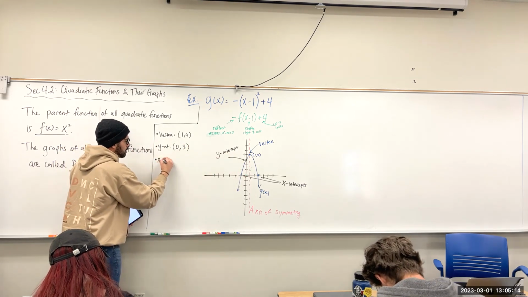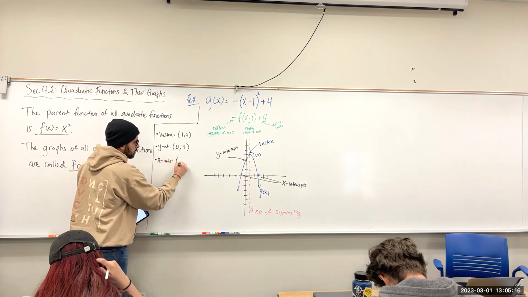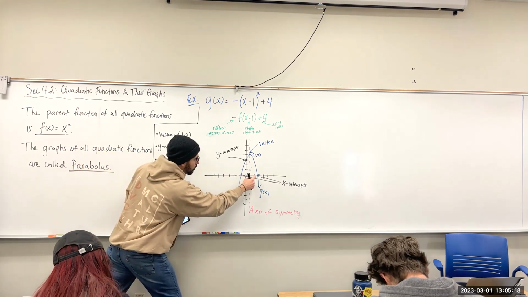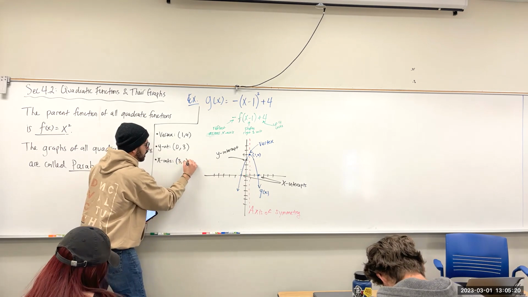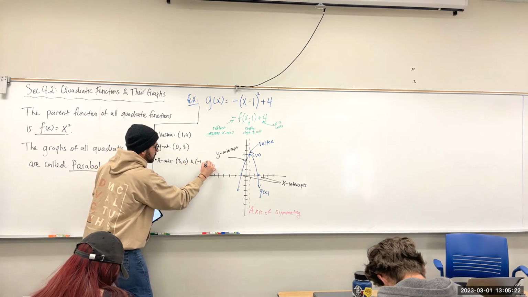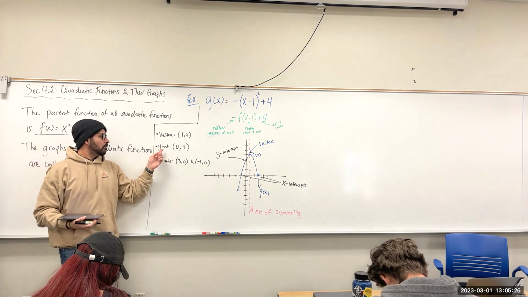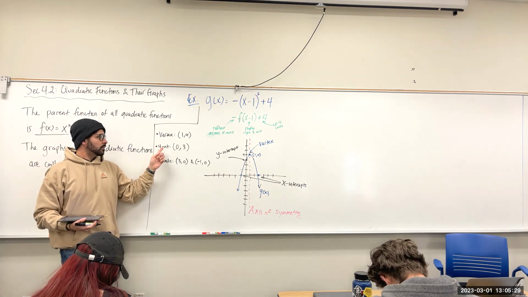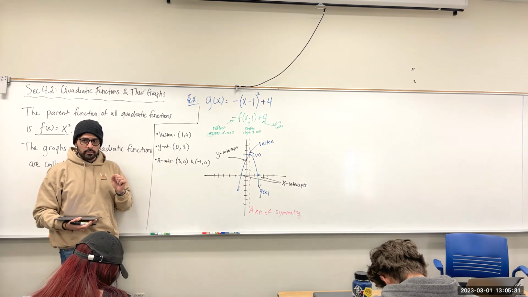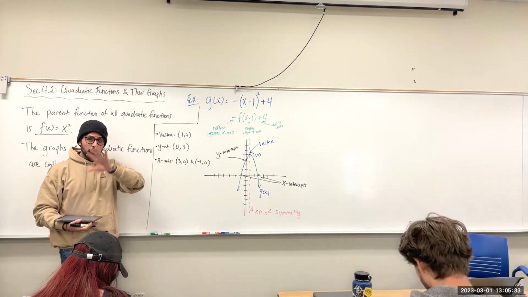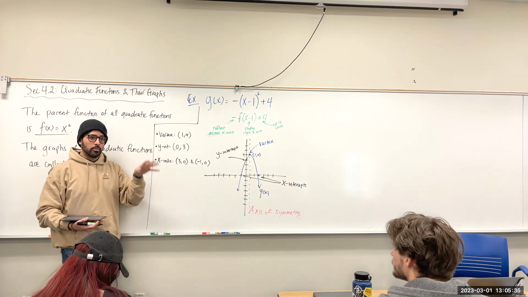What are the x-intercepts? (3, 0) and (-1, 0). So notice that a lot of people make a mistake where they say the y-intercept is 3. Intercepts are points, so you have to write the actual coordinates of the points. Okay.